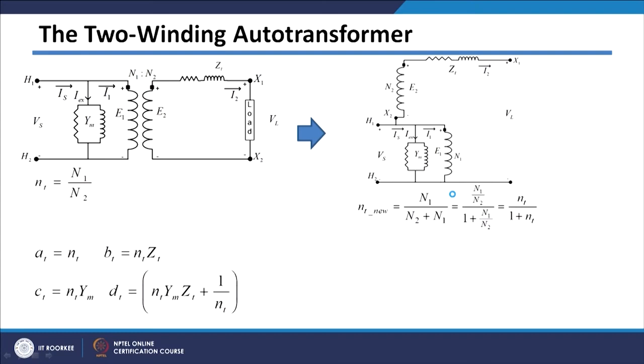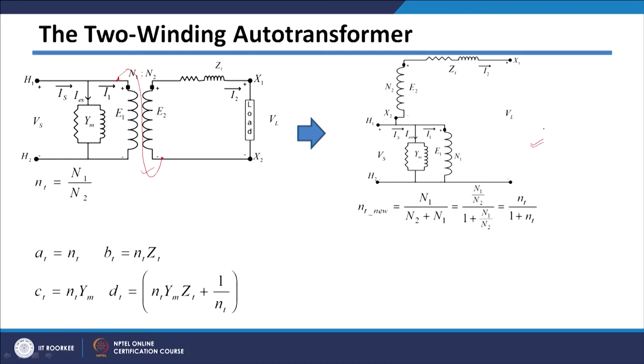So, let us see the same, or suppose this same single phase transformer is connected in an auto transformer configuration, which is shown like this, meaning this terminal here is connected here. This terminal is connected here, and in that case the configuration will become something like this.